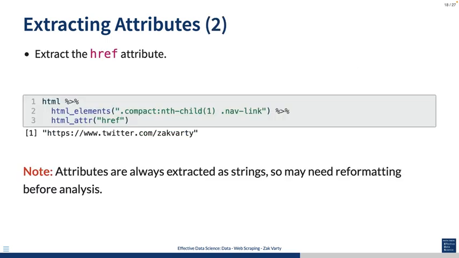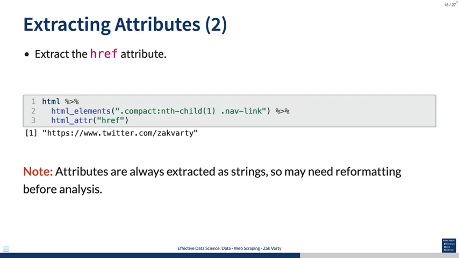To then extract the href attribute from this scraped element, we use the rvest function html_attr. This is a contraction of the word attribute. One thing to note here is that the rvest function will always return a character string or a list of character strings.